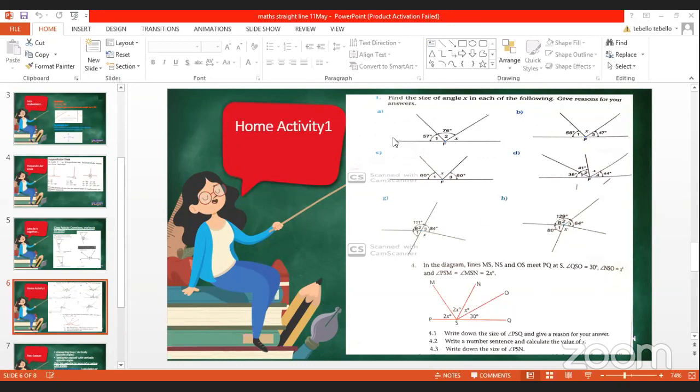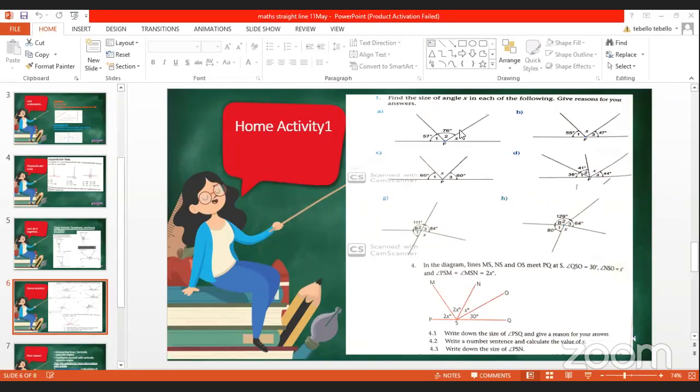From this point F here, the line represents our straight line, and our angles on a straight line must sum to 180 degrees. For now, we can add 57 plus 76 to see whether it gives us 180 degrees. And if it doesn't, then we definitely need to calculate our value for X.